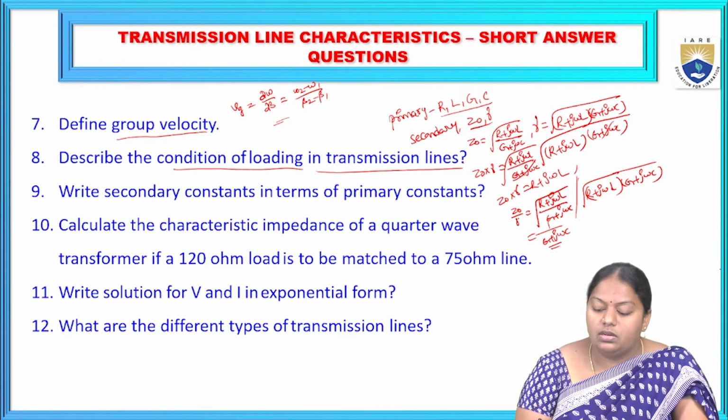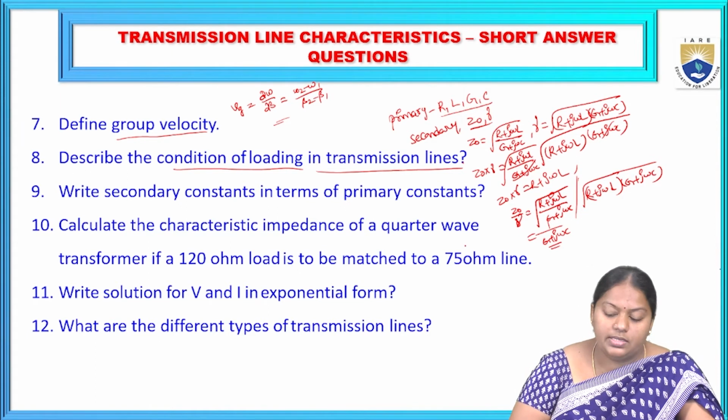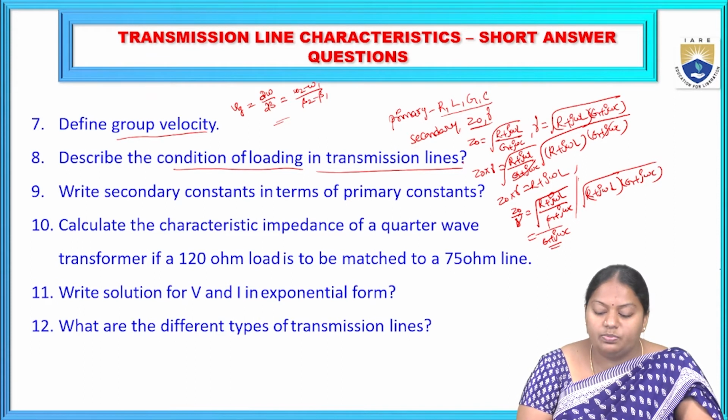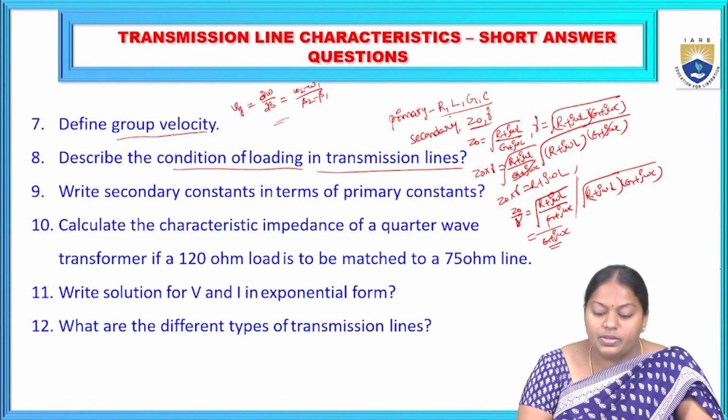Suppose you consider the reverse ratio, gamma by Z0, then it becomes G plus j omega C. This is the way we can write the secondary constants in terms of primary constants of a transmission line. So the primary constants are R, L, G, C, and the secondary constants are Z0 and gamma, characteristic impedance and propagation constant.